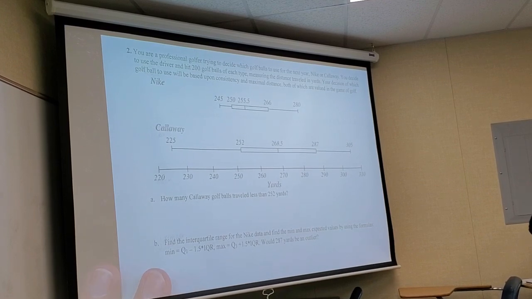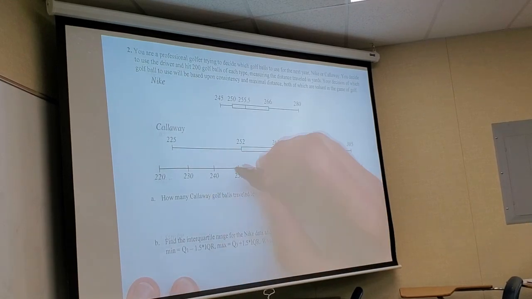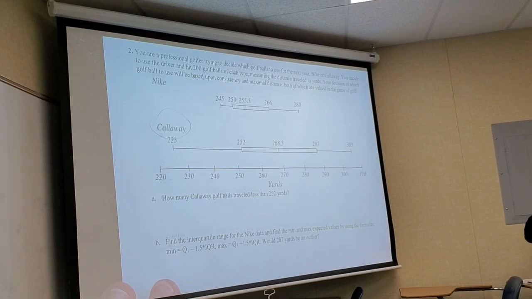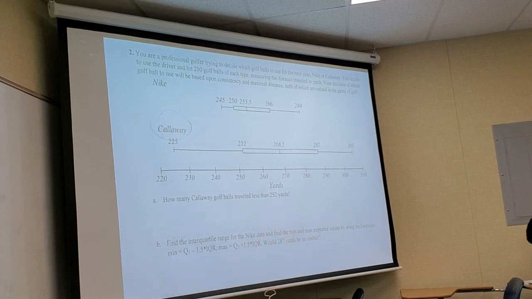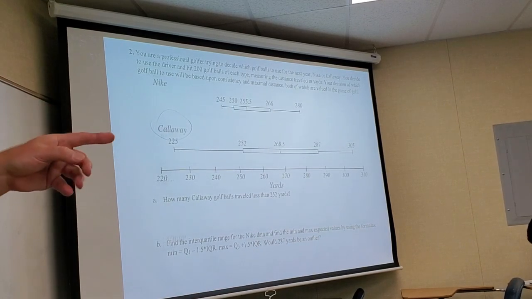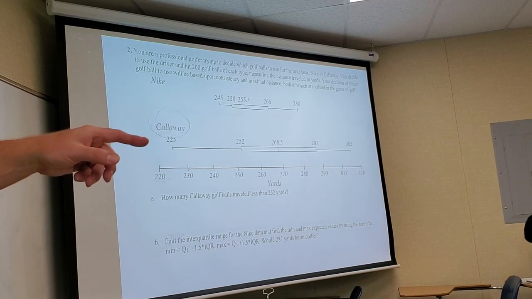So part A is a 2-step problem, right? You have to look at the Callaway golf balls. What can you tell from the box plot in relation to 252? 25% are less than 252 yards.